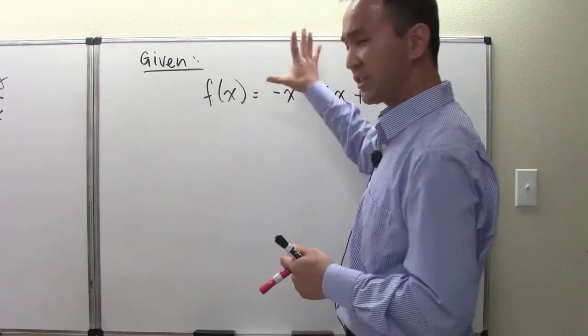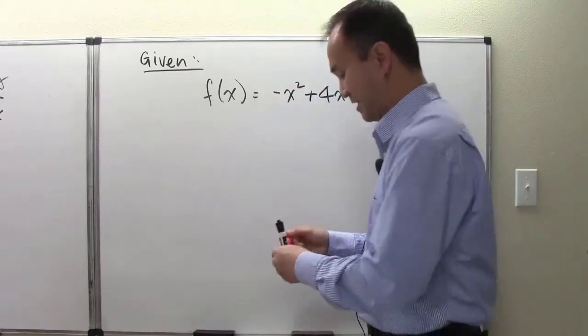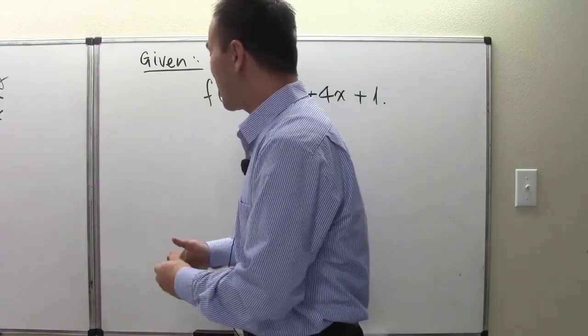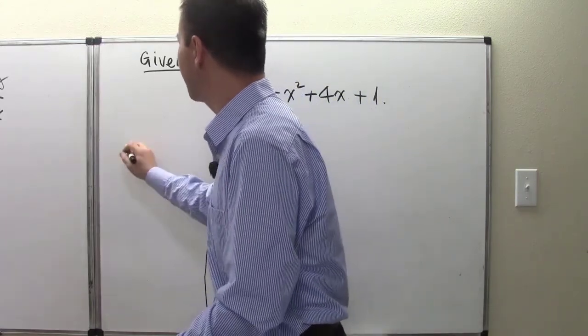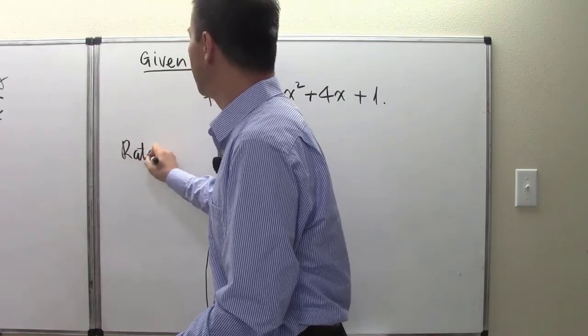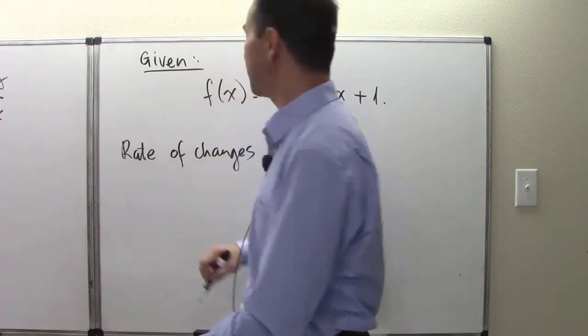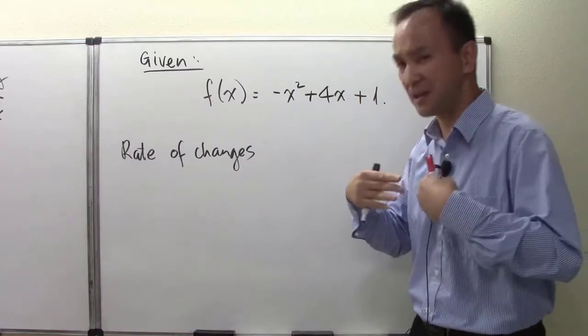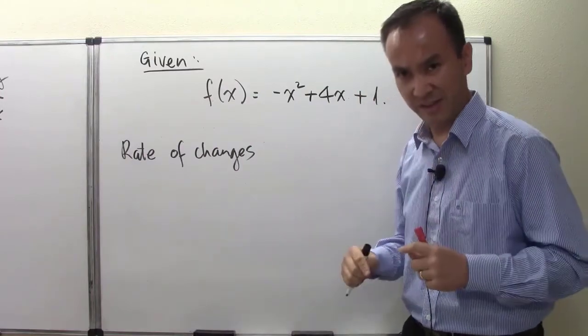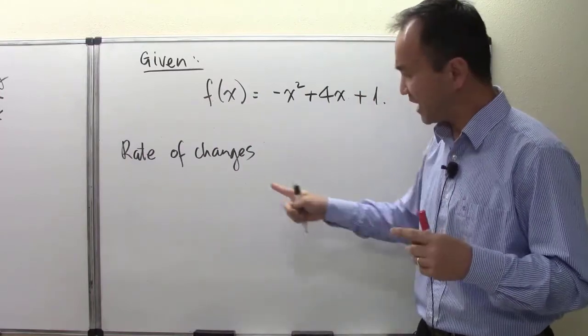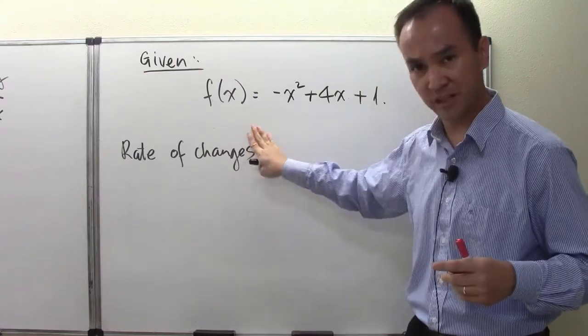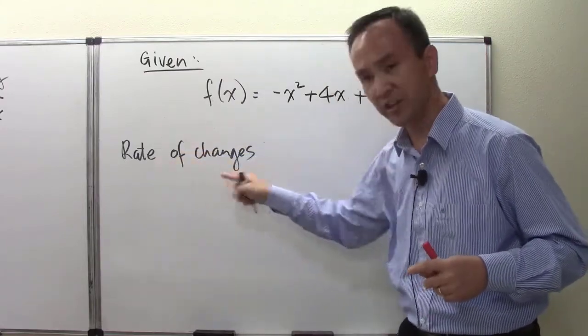So now how about the same function here? Let's look for the rate of change, or sometimes I see it as rate of changes, because for me personally, I always see two changes. Quite a few textbooks just indicate rate of change, but I want to see it as rate of changes.